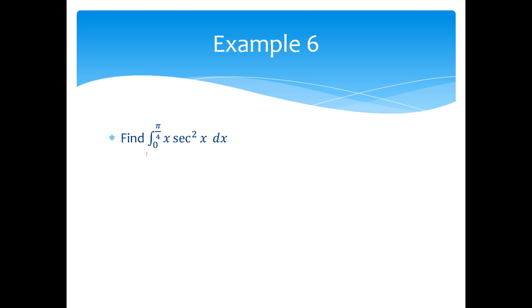So at this point, we're going to use a definite integral to evaluate this. We say our u is equal to x, du equals dx, dv equals secant squared of x dx, and then v at this time would be equal to tangent of x.